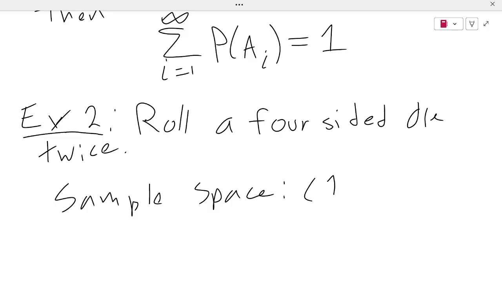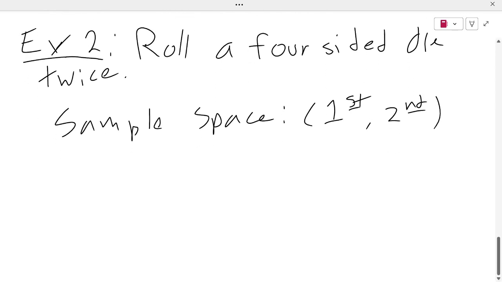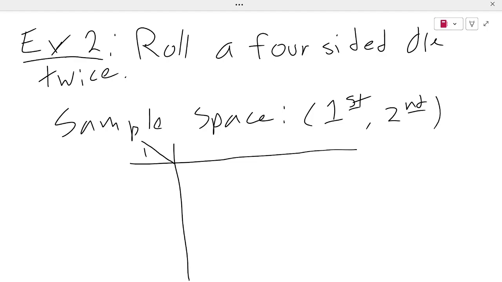The first entry in the ordered pair will be the first roll, and the second entry will be the second roll. The easiest way to make the sample space would just be to do a table where on the column here we have the first roll, and on the row here we have the second roll.